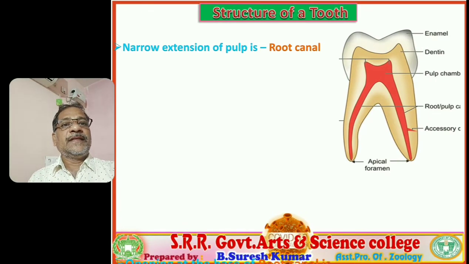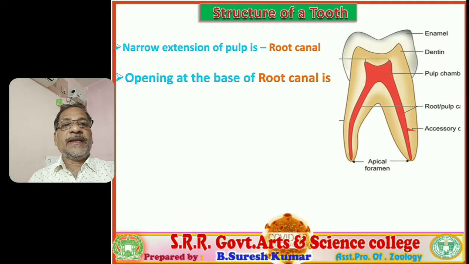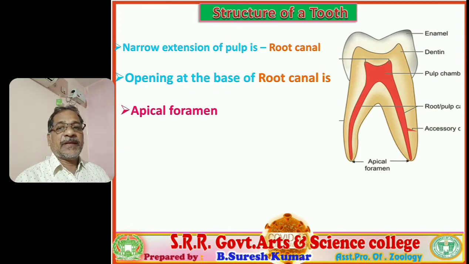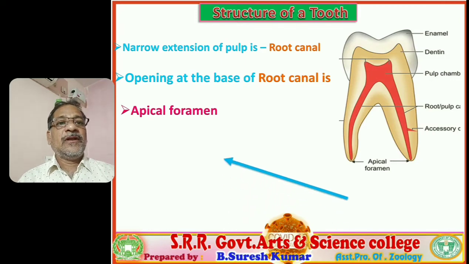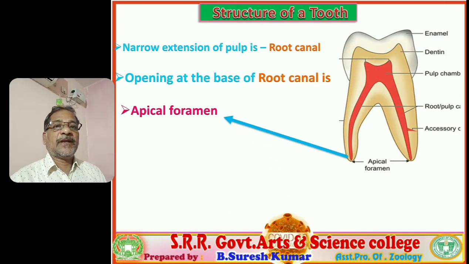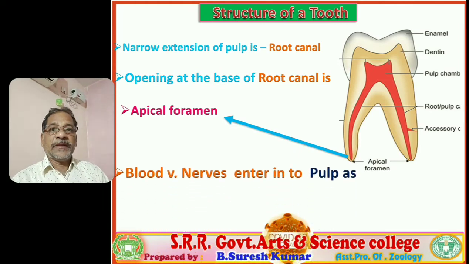All the blood vessels and nerves enter the root canal to the pulp cavity. So did you get the idea about apical foramen? Apical foramen is an aperture by which the blood vessels and nerves pass into the root canal.